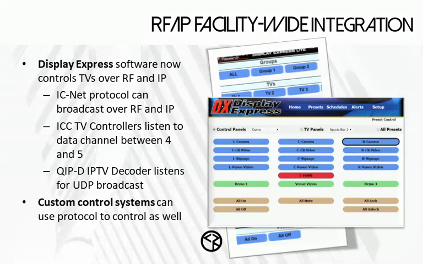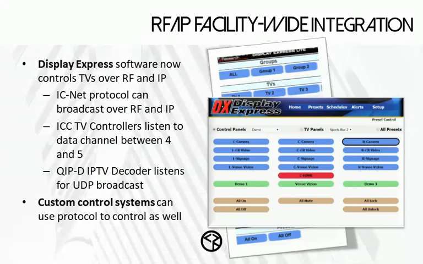Now, it's Contemporary Research. We mention it because we're one of the few people doing a very unique style of facility-wide integration, so I need to cover this subject too. We have made for years a system called Display Express that typically has been used over RF, and it controls large areas of facilities. The Superdome has this, AT&T Center has this, the Spurs have this.